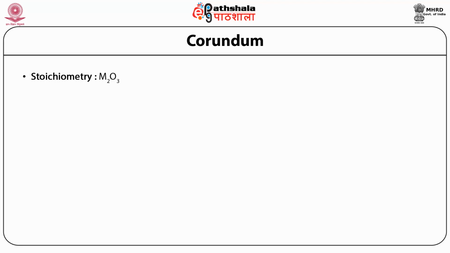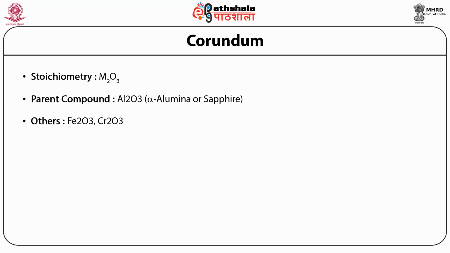So we are representing alumina or sapphire with Al2O3. In this case, the parent compound is alpha alumina or sapphire, that is Al2O3. Some of the other examples for the corundum structures are Cr2O3, that is chromium oxide, and Fe2O3, that is iron oxide.